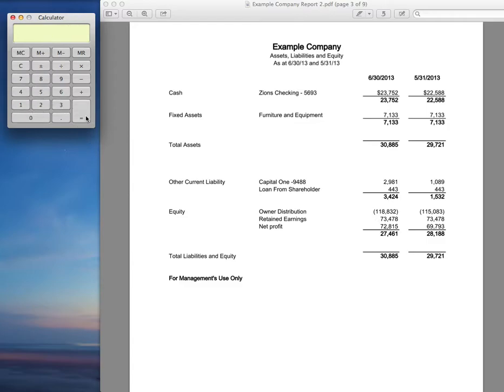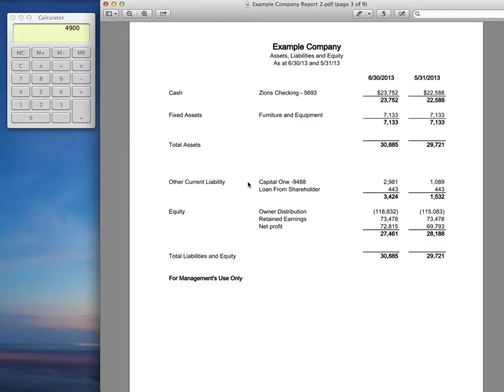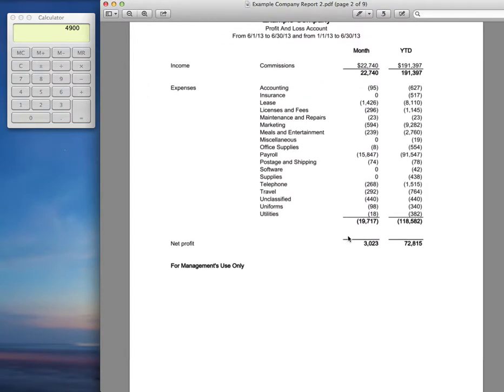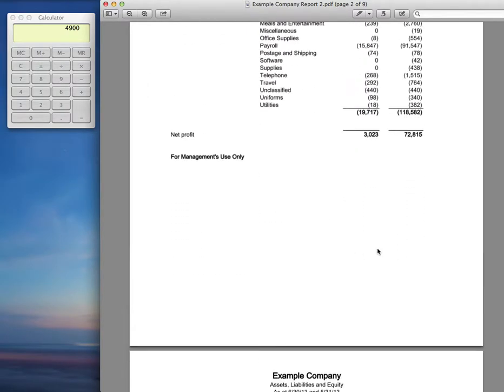So we'll add that together there. That's $4,900 of cash that flowed either into our checking account or out of the company. And you might ask, well, how did we get $4,900 out of the company if we only made a $3,000 profit, as identified here this month?